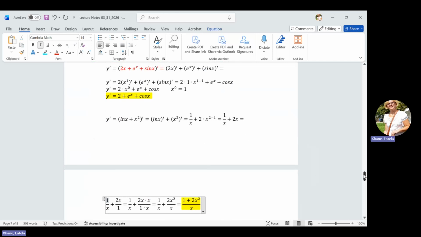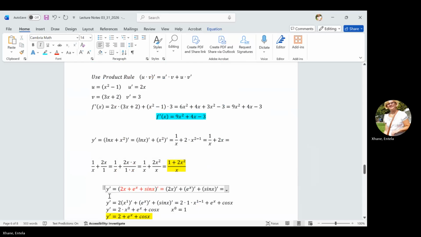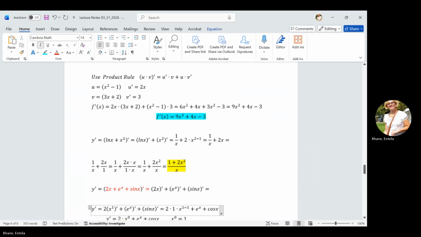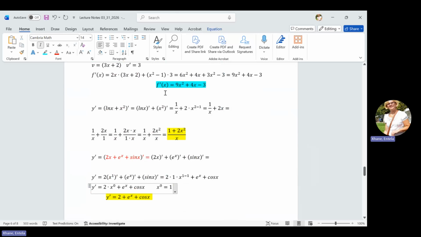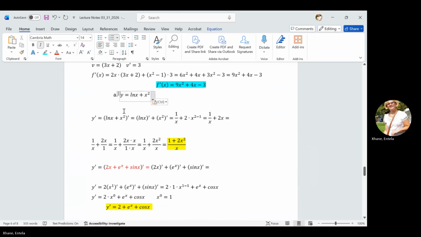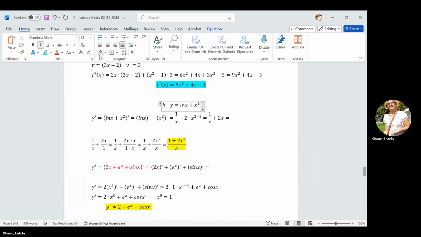Okay, so now let's look at this. So part h, we have a function.